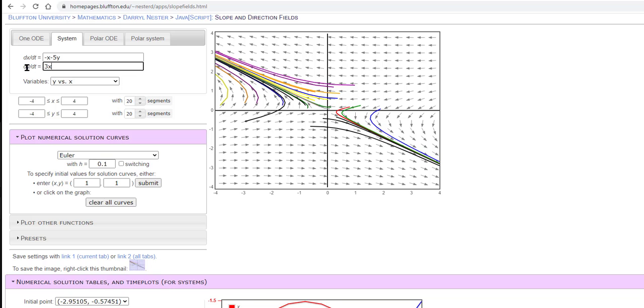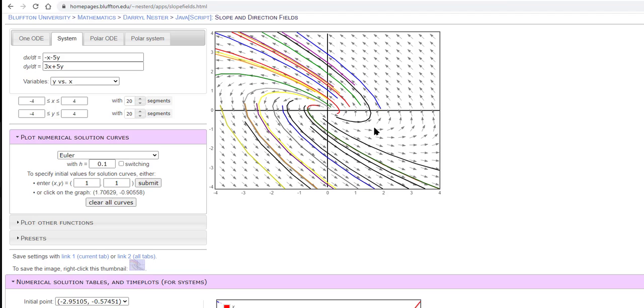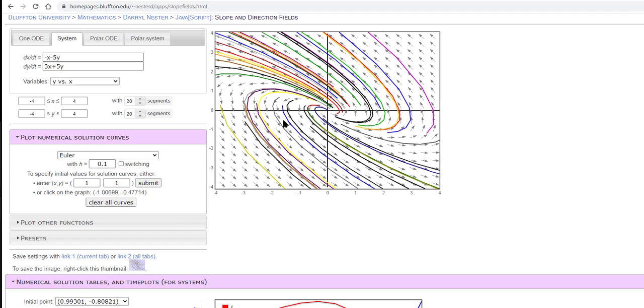And then we got 3x plus 5y. So now you can see we had e to the 2t, right? And here again, this will be a spiral source. Solutions will be spiraling, and here they are spiraling counterclockwise from the origin.